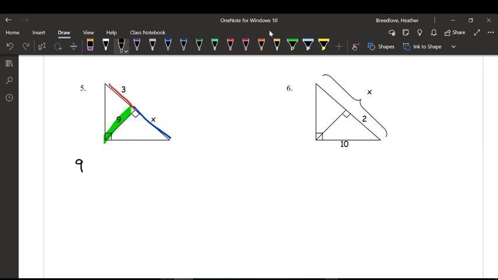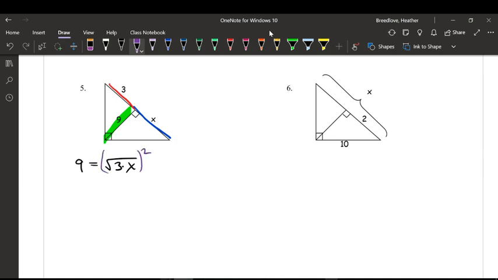So 9 equals the square root of 3 times x. And I can't take the square root of a 3, and I can't take the square root of x. So I'm just going to start with squaring it. Just get rid of the radical. It's the only thing I can do here.